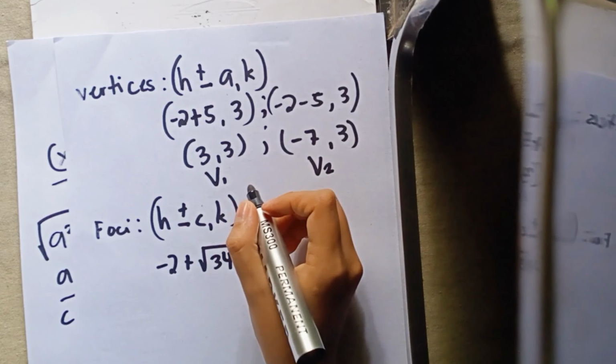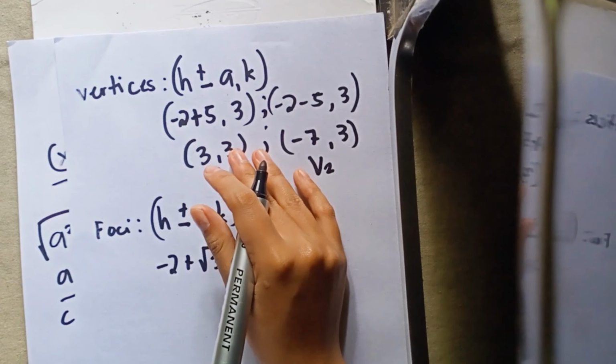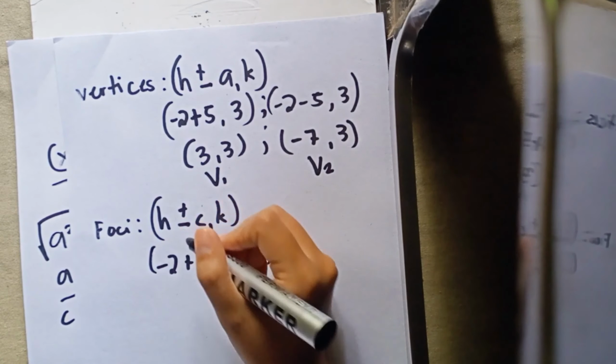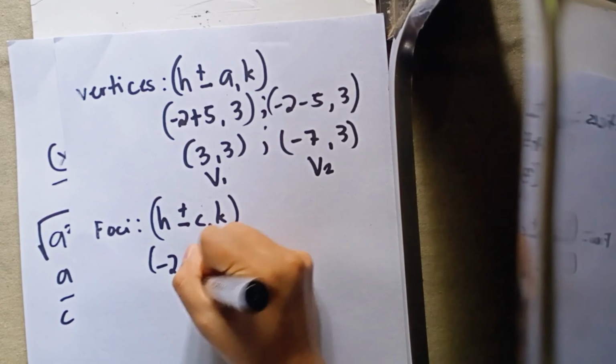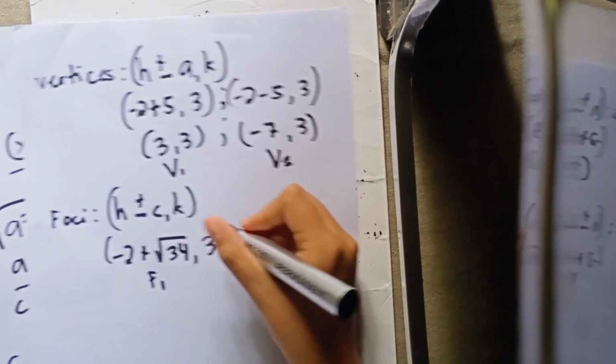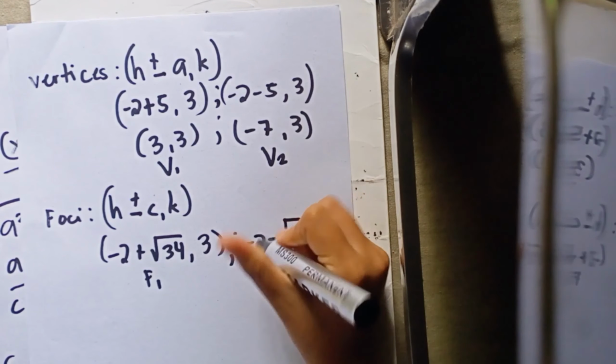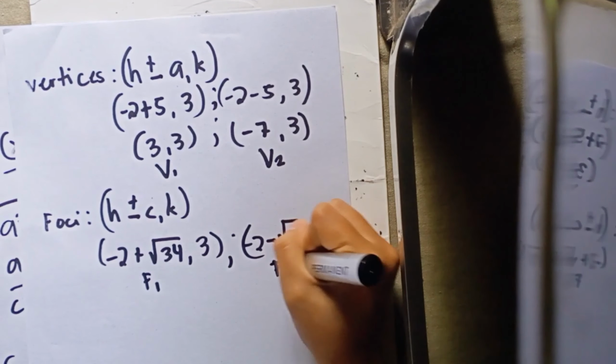And k is, what is our k? 3. This is our F1. Next is negative 2 minus square root of 34, 3. So this is our F sub 2.